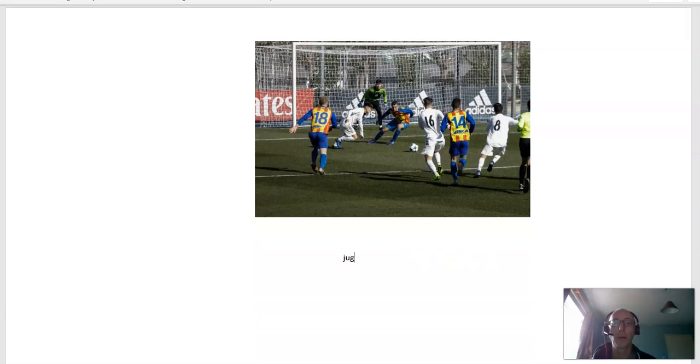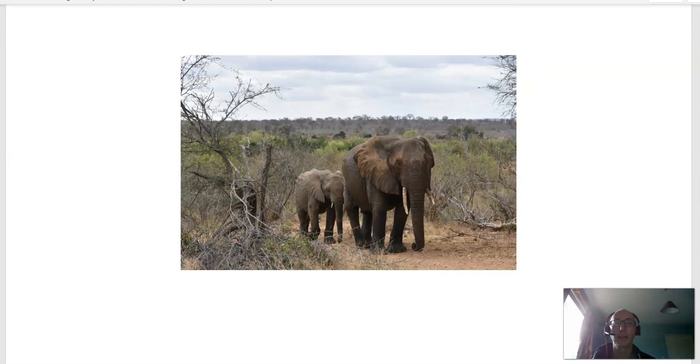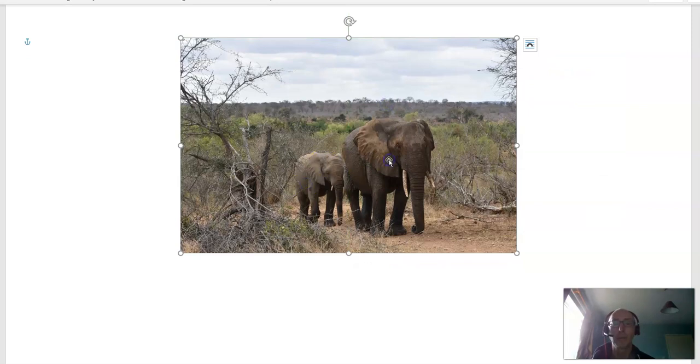This, of course, is jugar. So we know that this is U to UE, juego. And maybe this picture isn't that clear. We have the baby elephant following maybe the mother elephant.